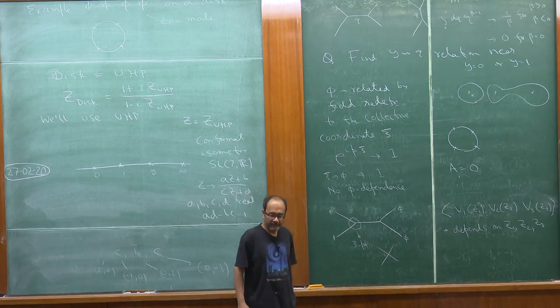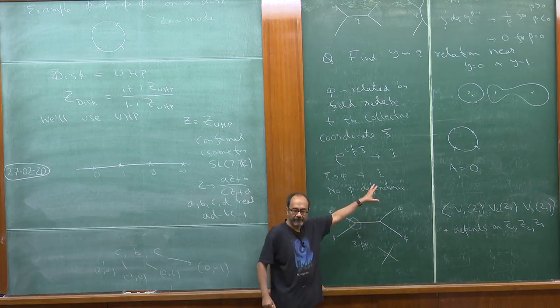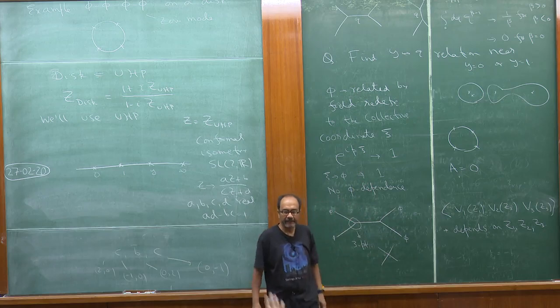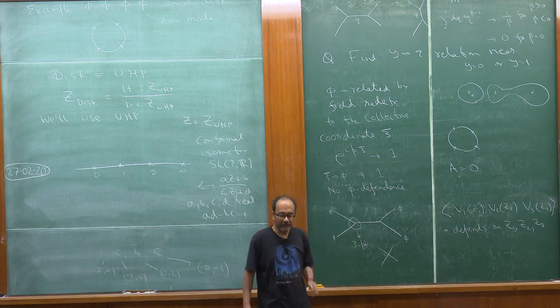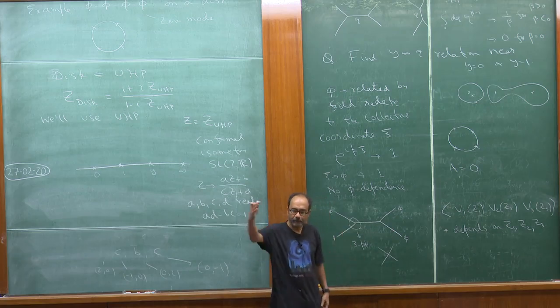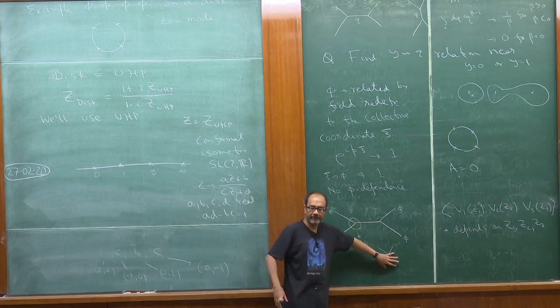As we discussed last time, this diagram covers part of the y integral, the other diagrams cover other parts, and this one fills the rest. So basically the regions near y equal to 0 and y equal to 1 will come from diagrams with propagators, and then the leftover region will be covered by the contact term.